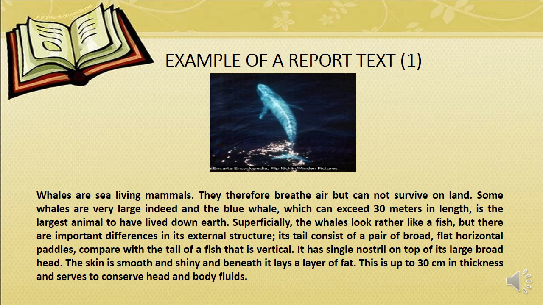Superficially, the whales look rather like a fish, but there are important differences in its external structure. Its tail consists of a pair of broad, flat horizontal paddles compared with the tail of a fish that is vertical. It has a single nostril on top of its large broad head. The skin is smooth and shiny, and beneath it lies a layer of fat. This is up to 30 centimeters in thickness and serves to conserve heat and body fluids.